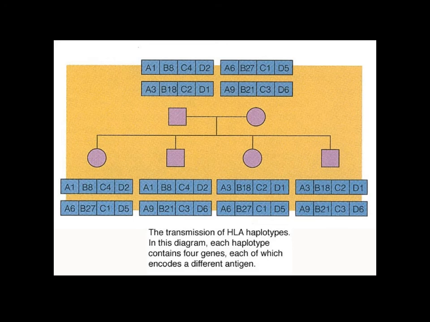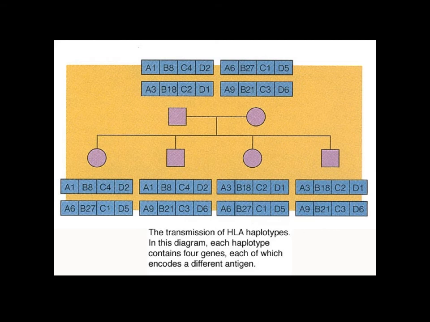So Dad's HLA haplotype we would read like this: A1, A3, B8, B18, C4, C2, D2, D1. And then you can look over to the right and you can see what mom's haplotype is. I think if you look at the inheritance of this, look at their 4 children down there.